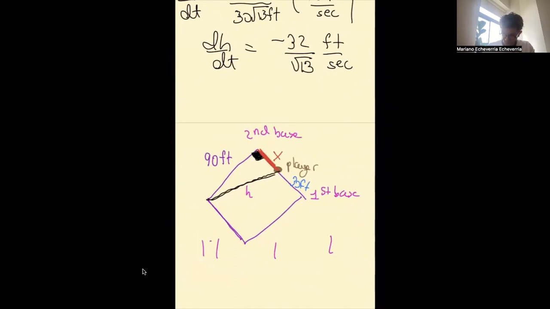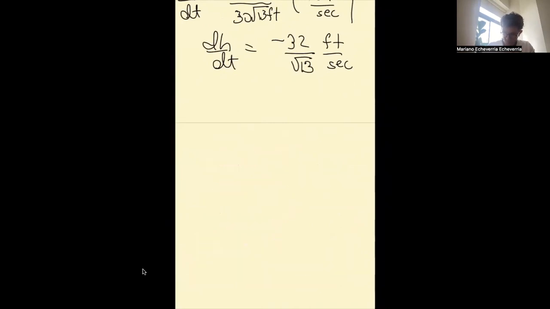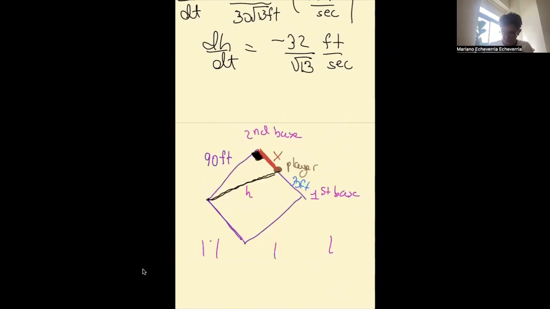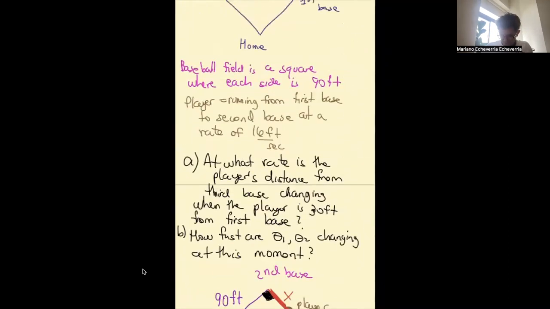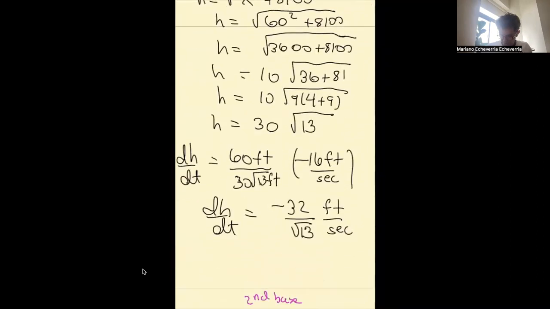Oops, I don't know what happened here. Sorry about that. Okay. So in this diagram, this was called, I believe, theta 1 and theta 2.